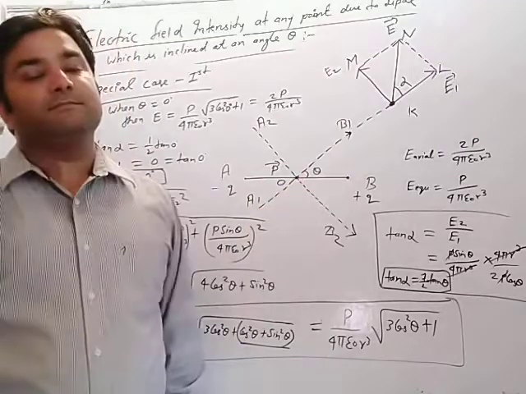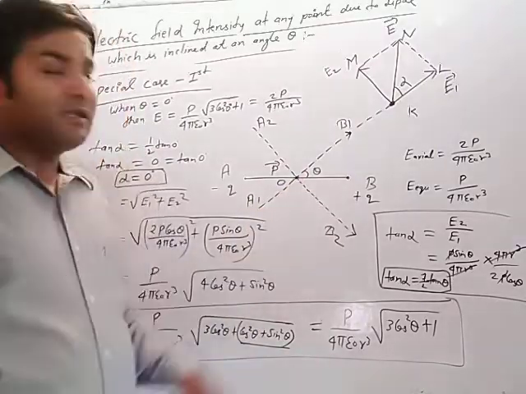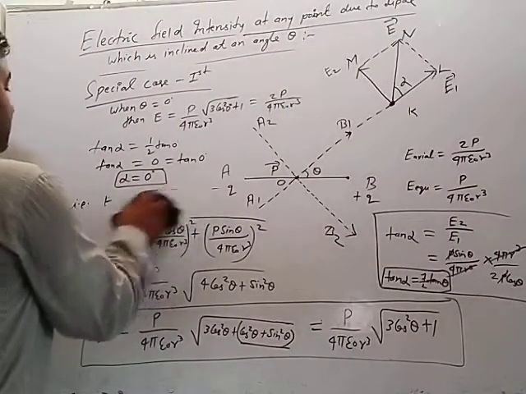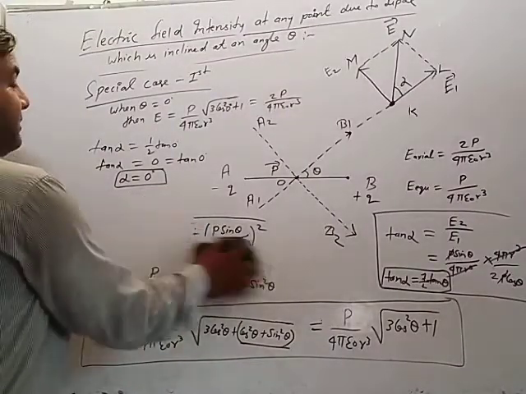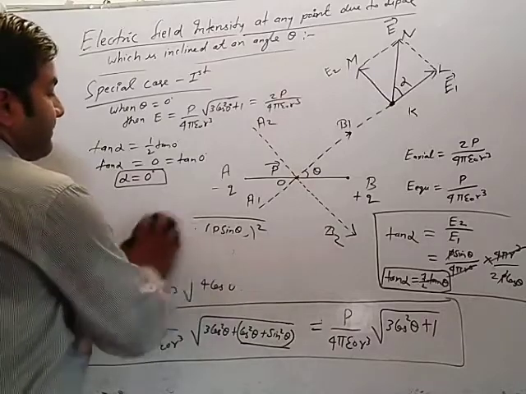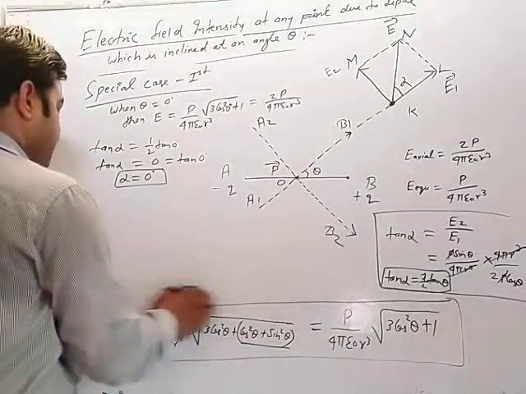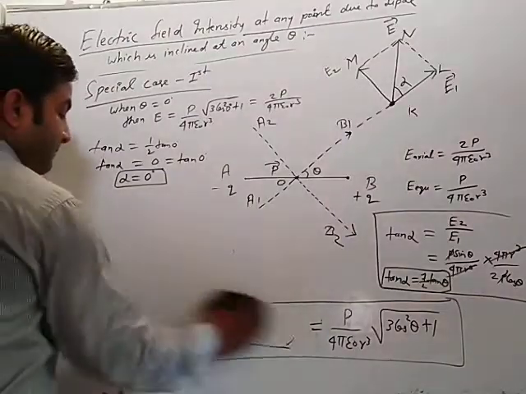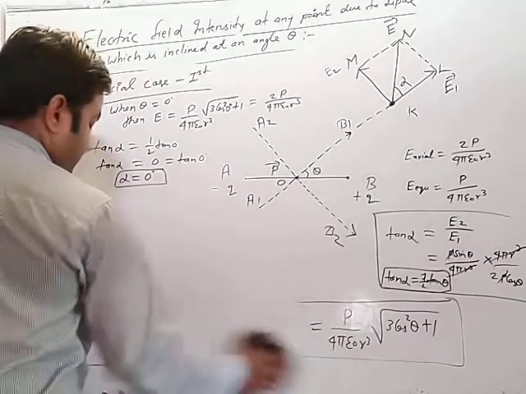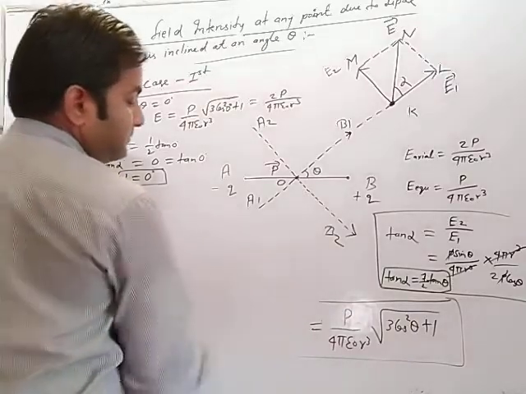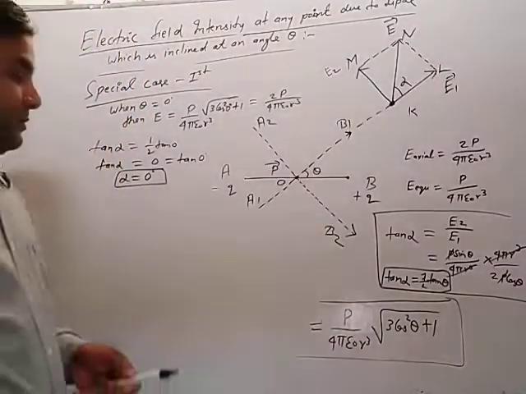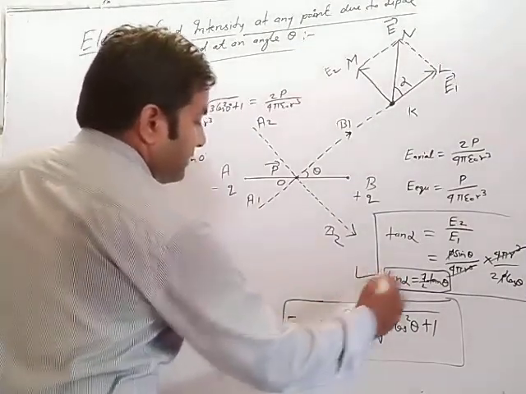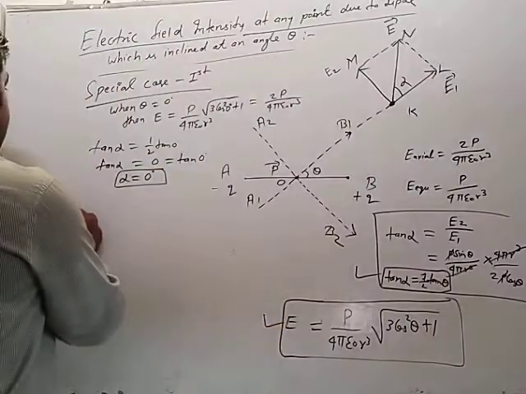But in the equatorial case we will check how the direction is classified. This is the value for intensity, this is the value for angle.